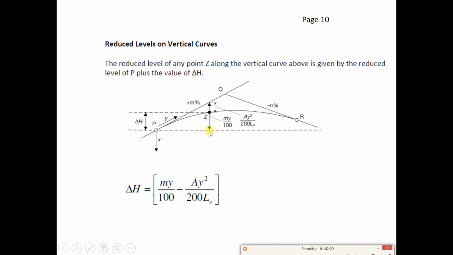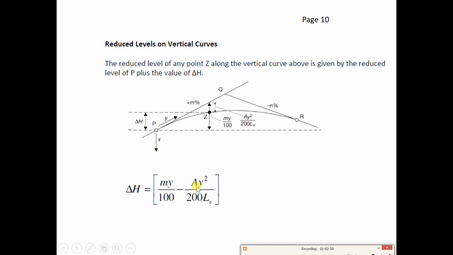From arrowhead to arrowhead is my divided by 100. Okay, arrowhead from here to here. So from the horizontal line position to the tangent is my divided by 100, and then from this dot, the top of the parabola, until the arrowhead here, until the tangent, this term is ay squared divided by 200 lv.